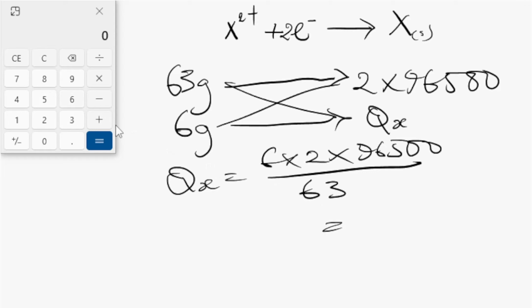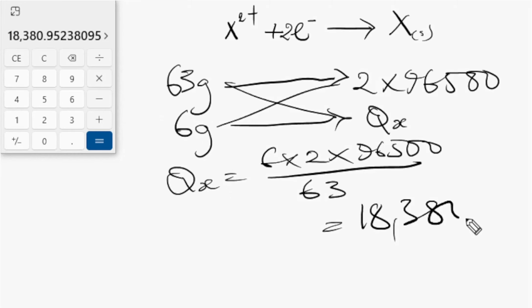So guys, this will be 6 times 2 times 96,500, divided by 63, and we're going to have 18,380.95.